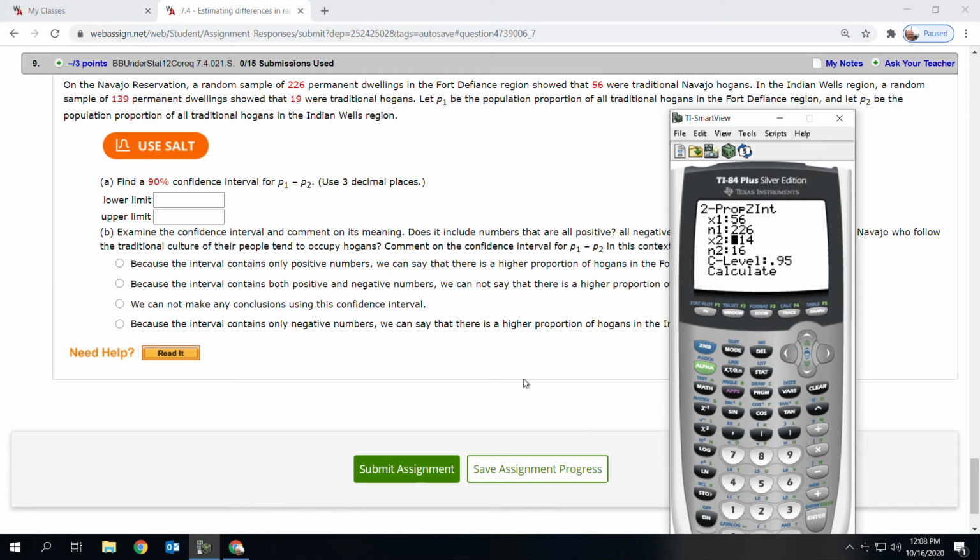The second group for the traditional was 19 out of 139. They want us to put a 90% confidence interval together, so that's going to be 0.90. And then we'll calculate.